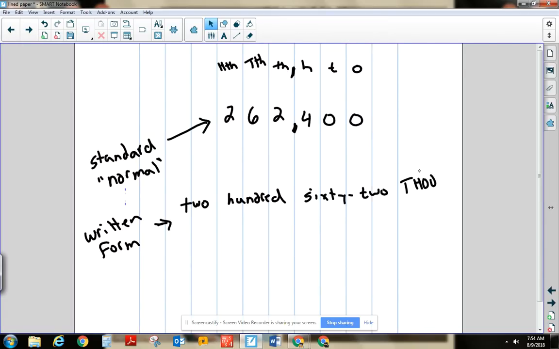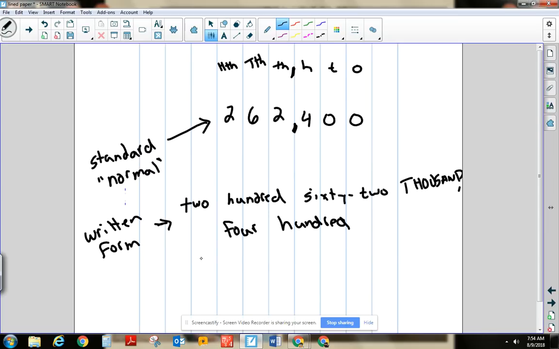Notice how I'm writing that in caps because I want you to say it loud. Caps means that you're yelling. Comma 400.